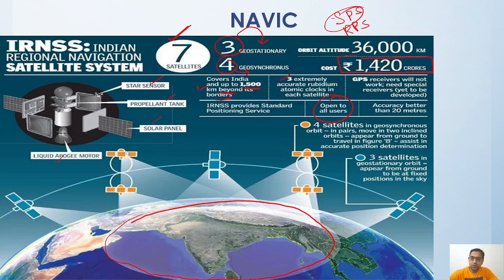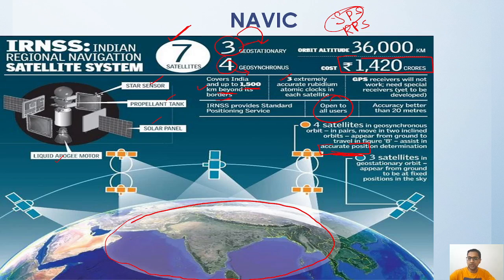Here I told you that 3 satellites will be in the geostationary orbit and 4 satellites in the geosynchronous orbit. The geosynchronous ones move in an orbit along with the Earth and travel, accurately finding out the position.